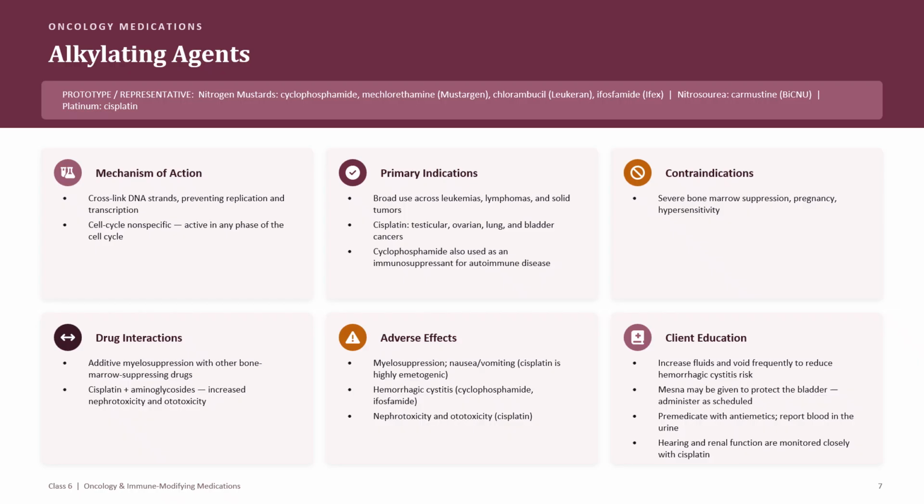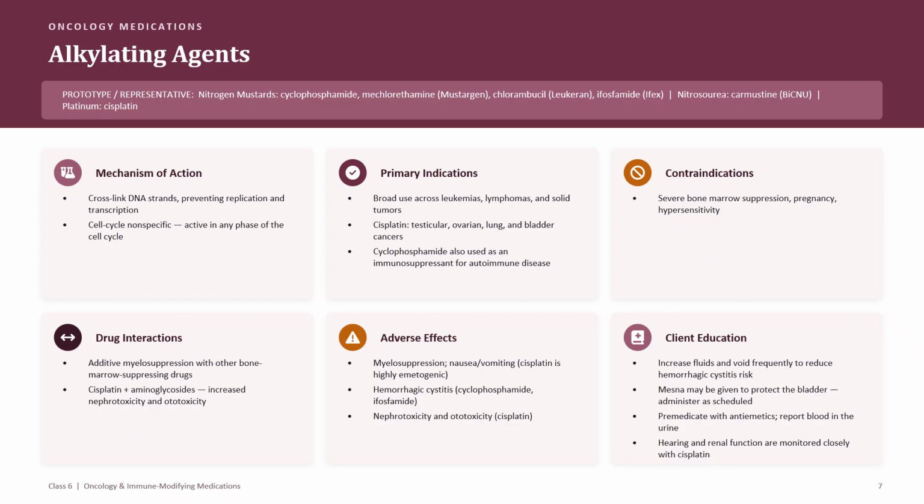It's ifosfamide. I think I added an extra syllable in there. It's cyclophosphamide and ifosfamide. But these two cause the hemorrhagic cystitis, which is bleeding and inflammation in the bladder, because a toxic breakdown product sits in the bladder and irritates it.